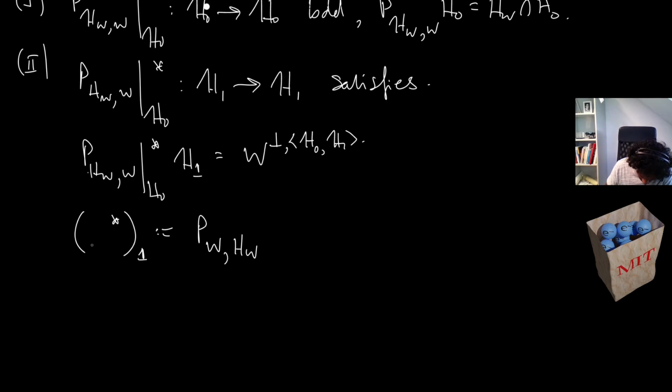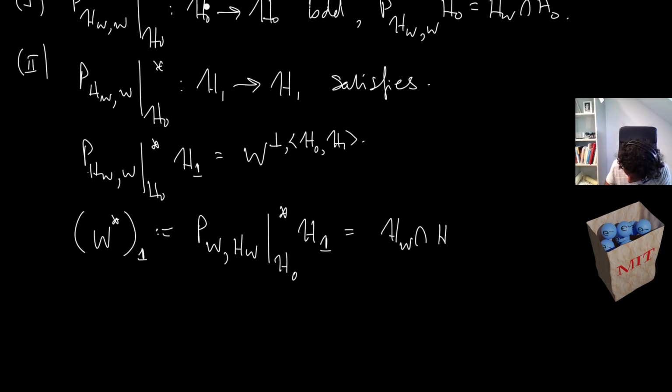I think this should be W. So the piece of W sitting in H1 is the adjoint, so this is restricted to H naught, adjoint acting on H1 is equal to H_W intersect H naught, perp with respect to this pairing.